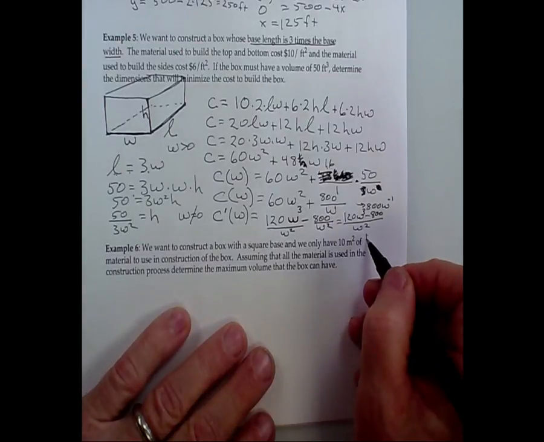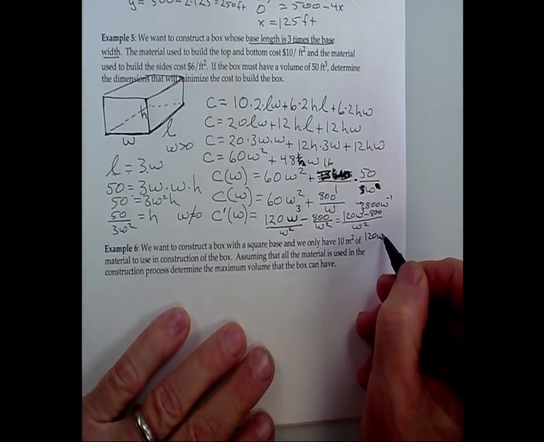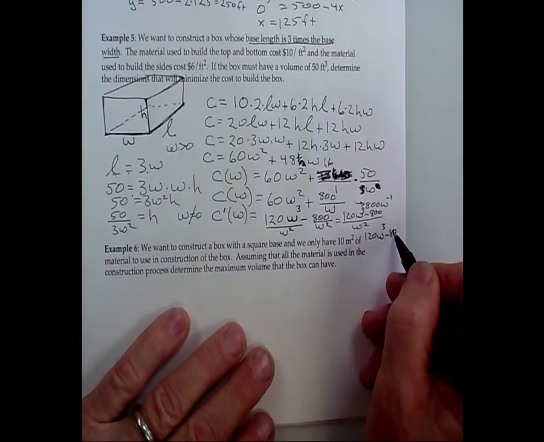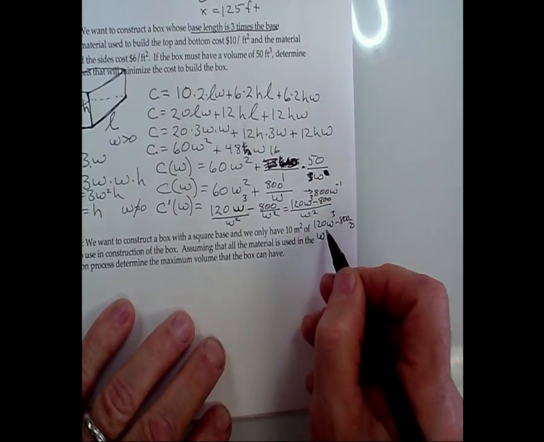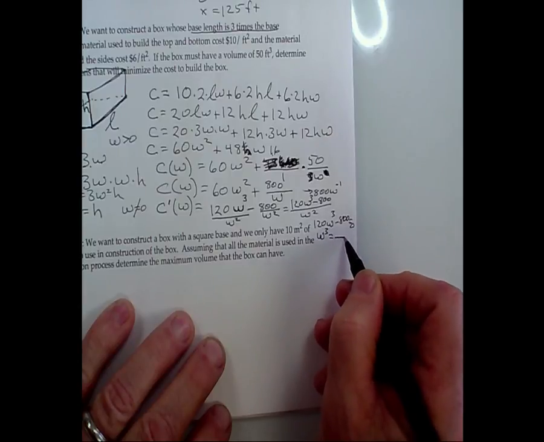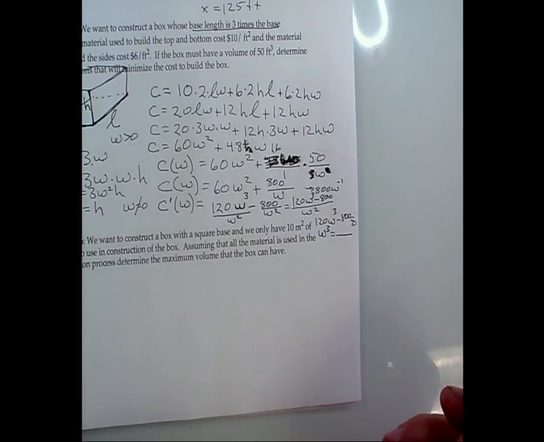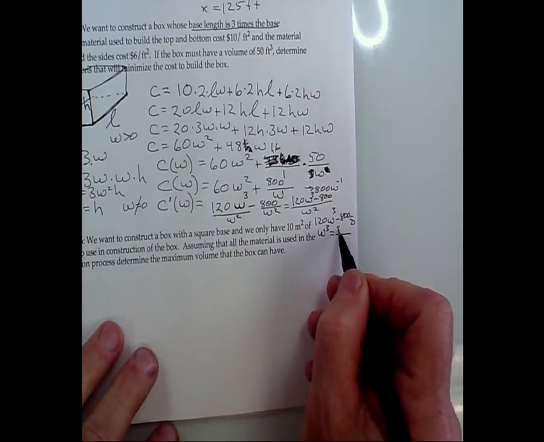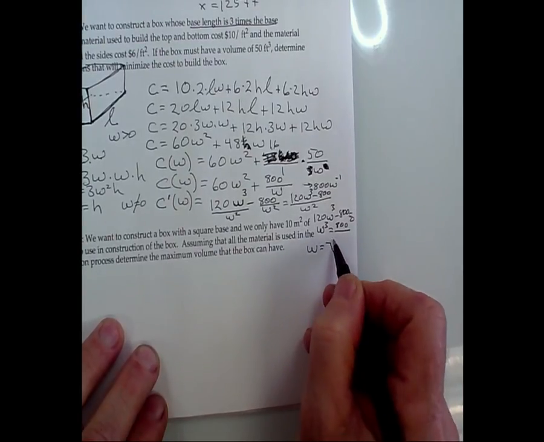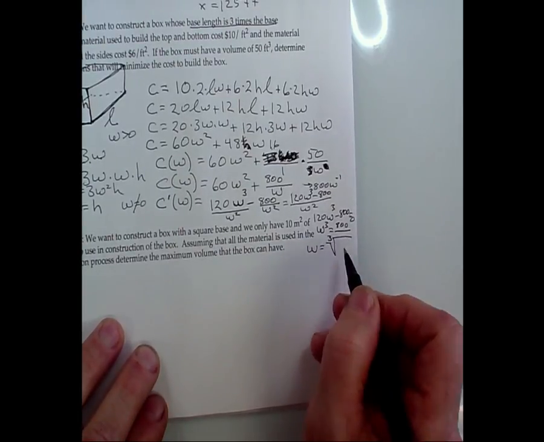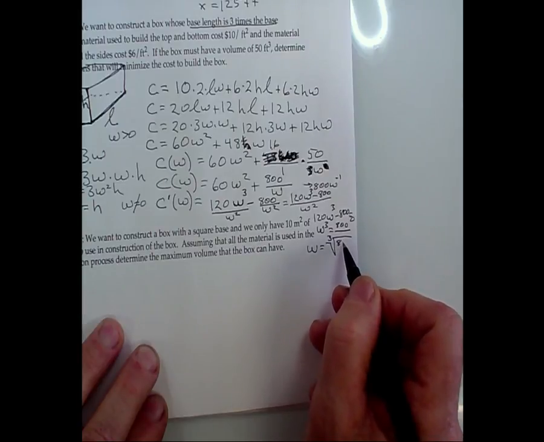So I have 120W cubed minus 800 equals 0. So that means W cubed is equal to what? So W has got to be equal to the cube root of 800 over 120. Correct?